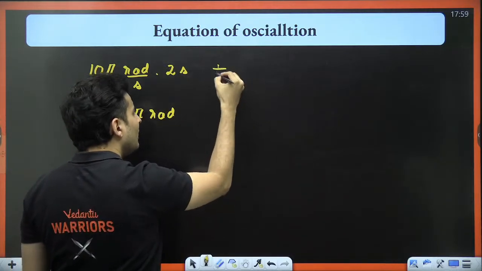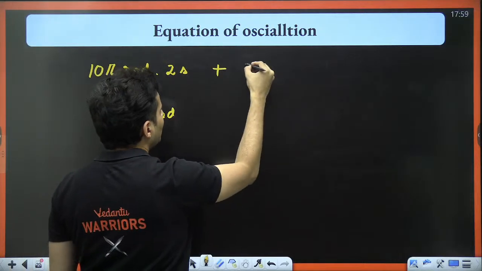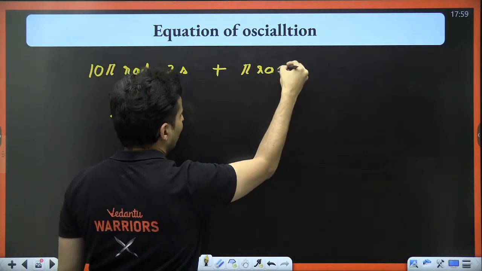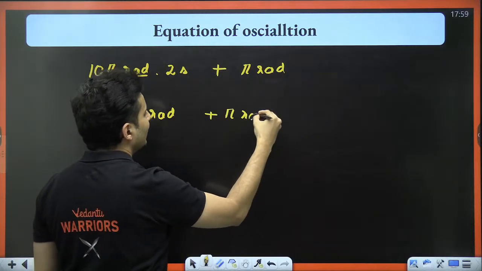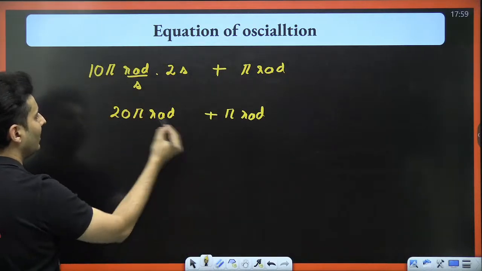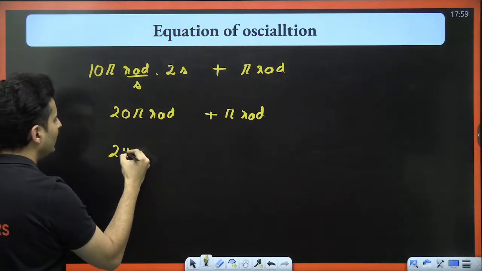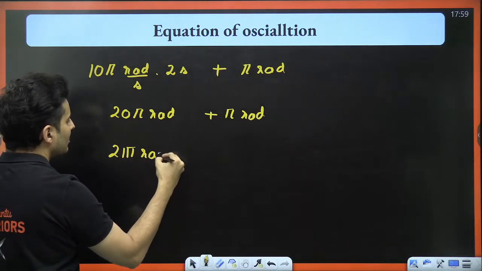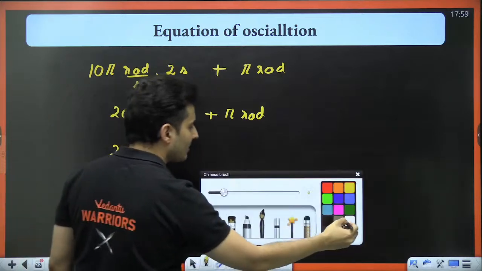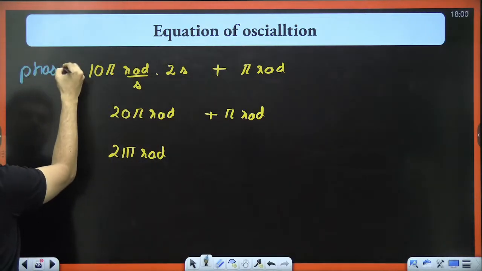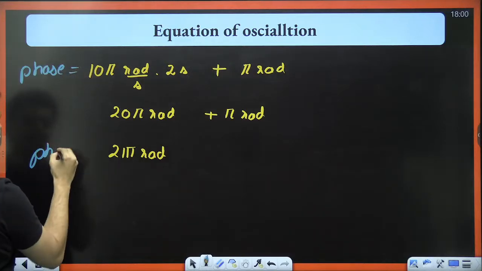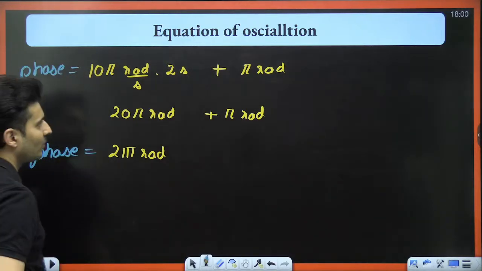But initially, you might already be at pi radians. So what is the total radians that you have covered? 20 pi plus pi is 21 pi radians. This is your phase, my dear warriors.